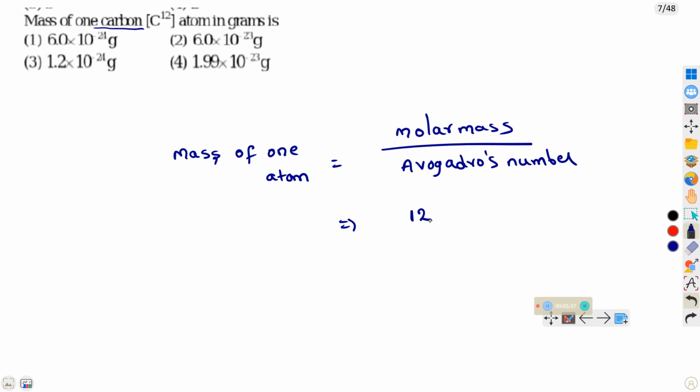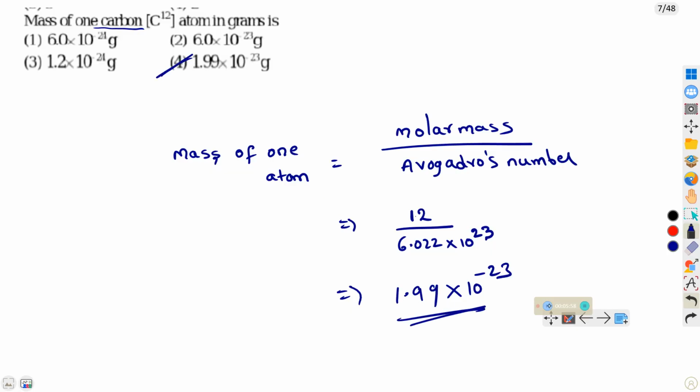Molar mass is 12, divided by 6.022 into 10 power 23. 12 by 6.022 is 1.99. Correct option, fourth option.